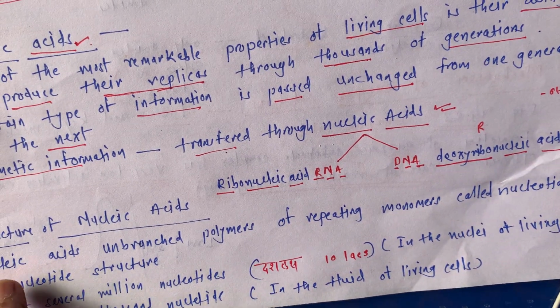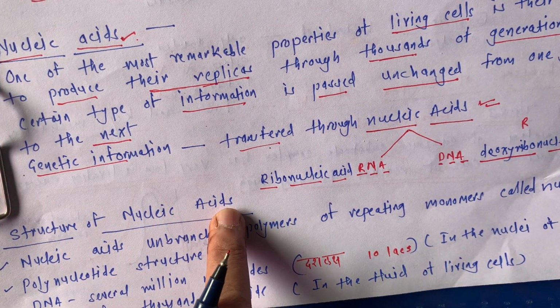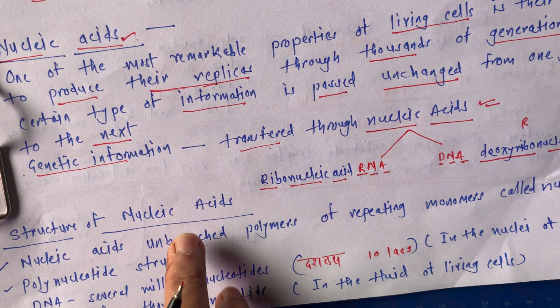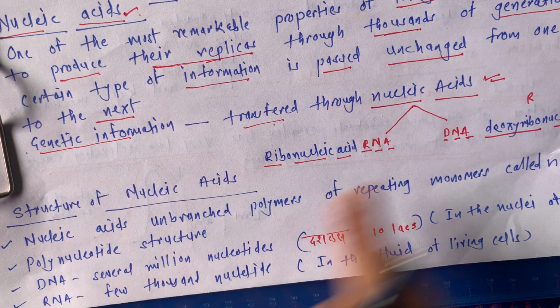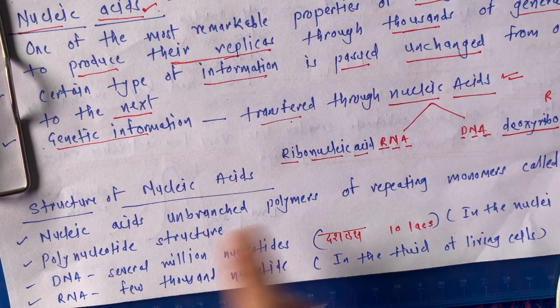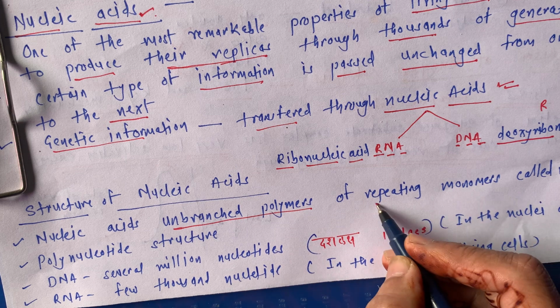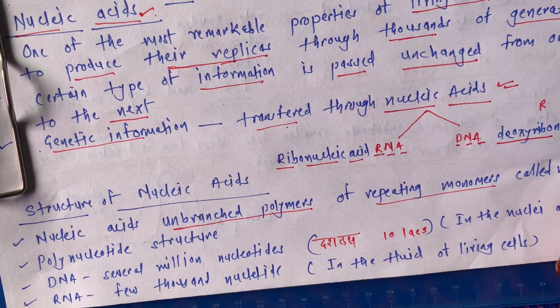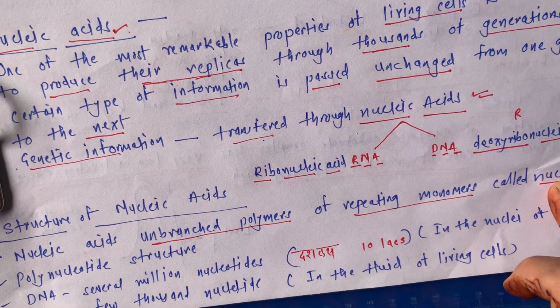First of all we have to see the structure of nucleic acids, and this is the main aspect of this chapter. Nucleic acids are unbranched polymers of a repeating monomer called nucleotide. We have to see what a nucleotide is.